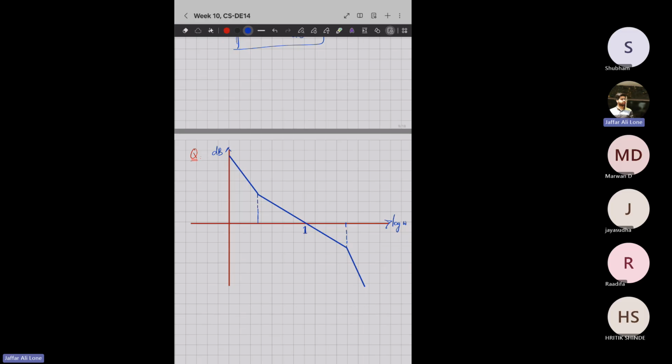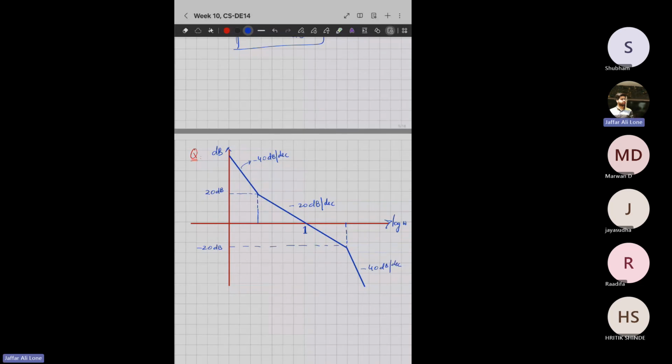This slope is minus 40 dB per decade. This is minus 20 dB per decade. This is also minus 40 dB per decade.